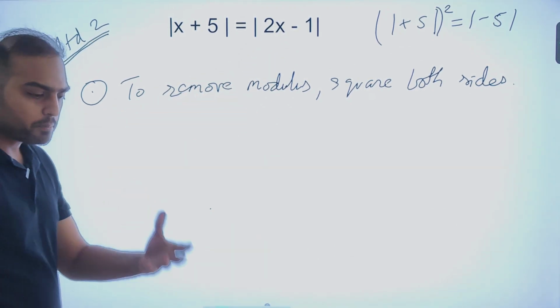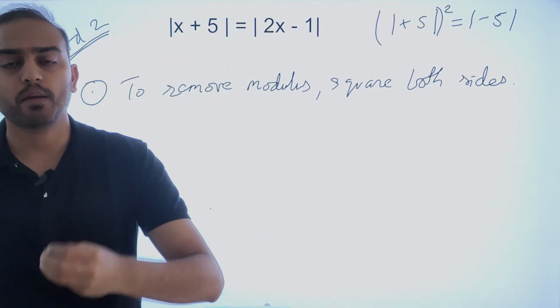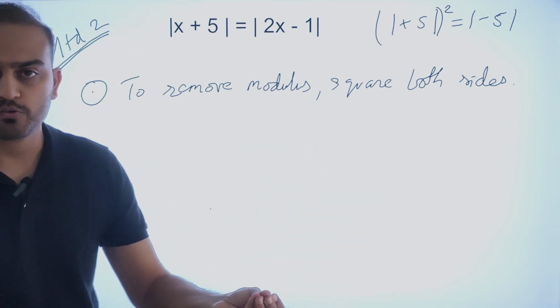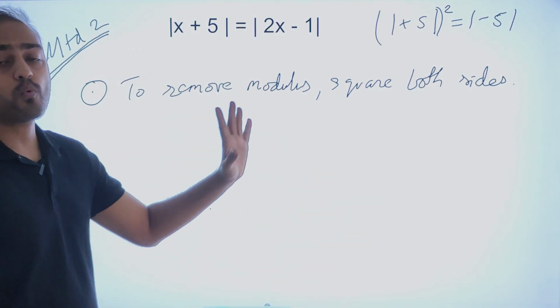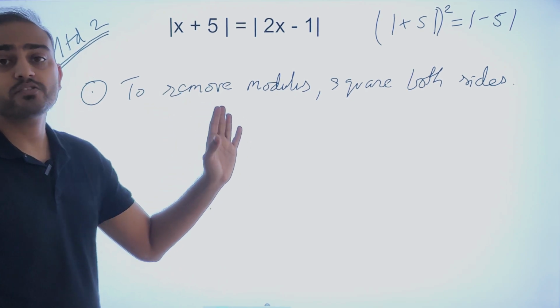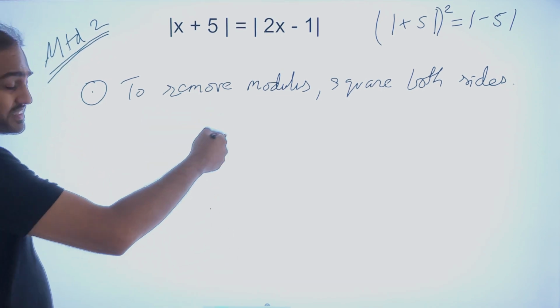The method number 2 comes from a simple logic: modulus gives you the same answer for plus or minus values. Another operation in math that does the same is squaring. So to remove the modulus, you can simply square both sides. Let's see how that works.